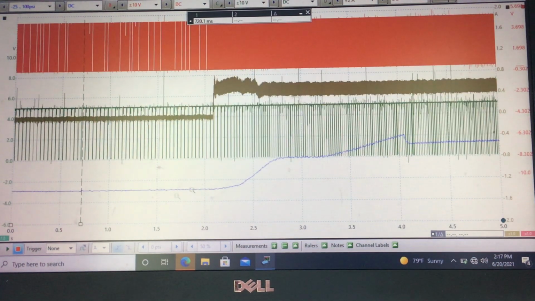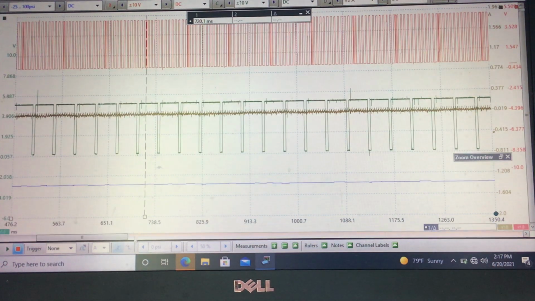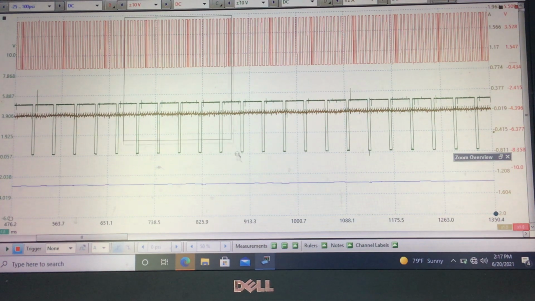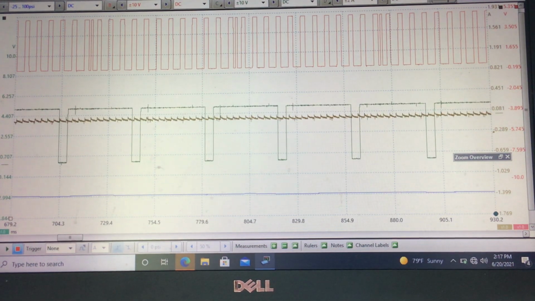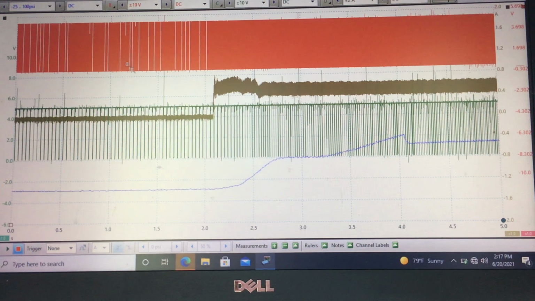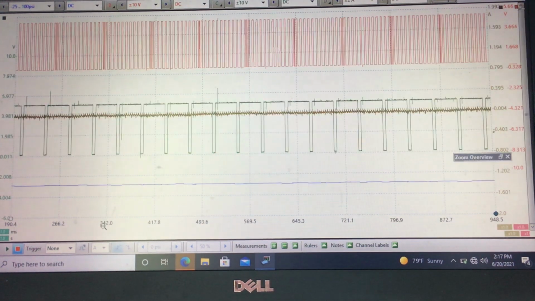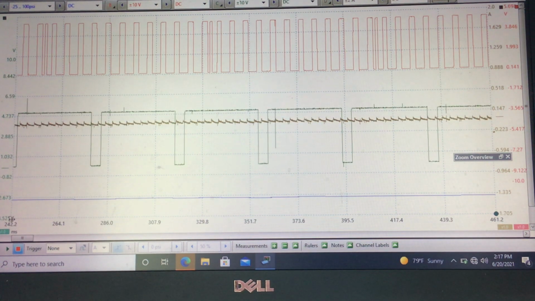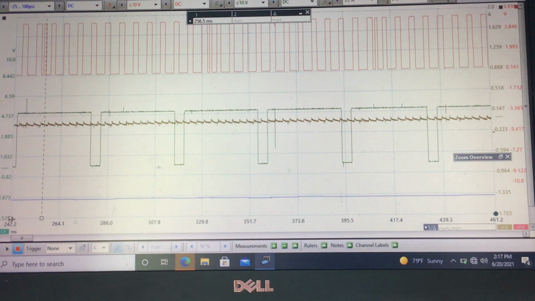Let's get 1 rev so the software will give me the RPM.